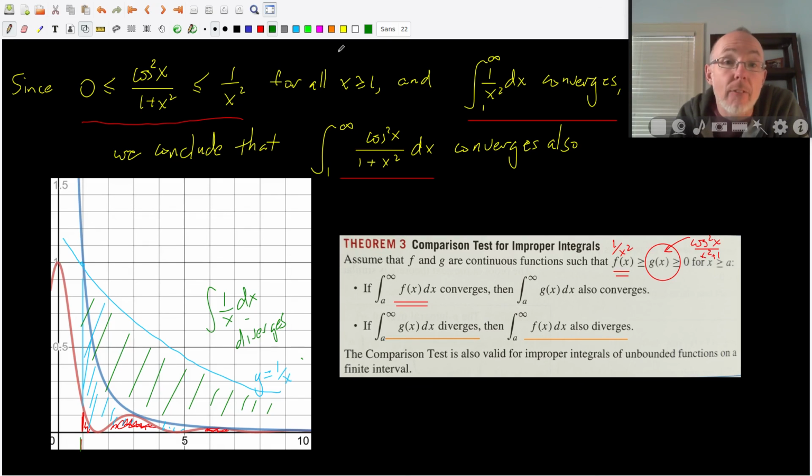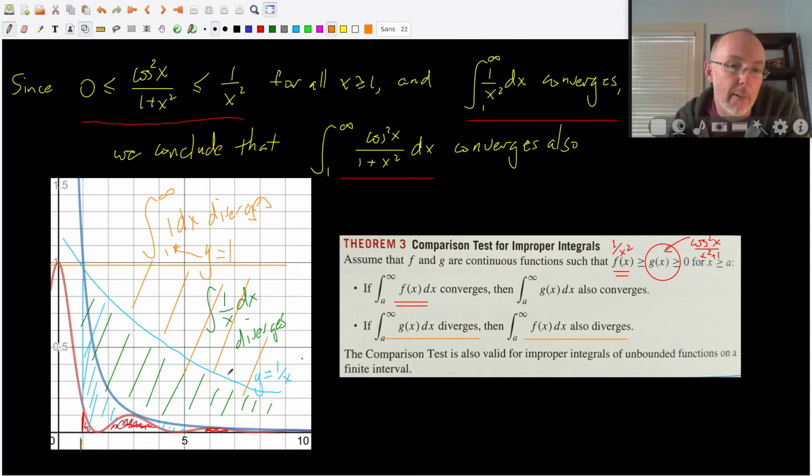Well, if you give me any function that's bigger than that, here's a function that's bigger than that. It's a silly function, but y equals 1. Then the integral between 1 and infinity of this new function, 1 dx, must diverge. Hopefully you can see it obviously has to diverge.